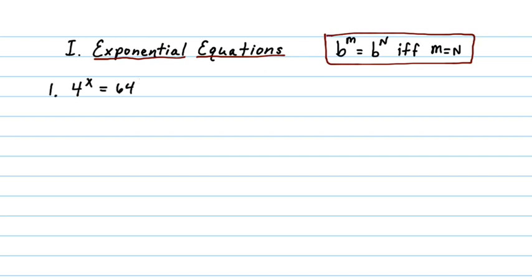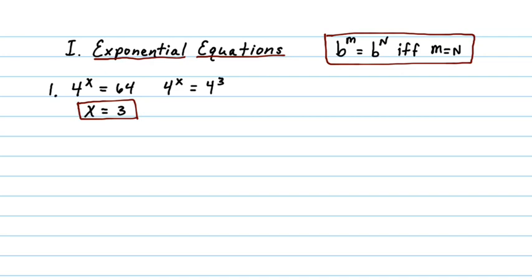So 4 to the x power equals 64. Of course we should know what x is here. This is going to be 3. However, using this idea, we could write 64 with the base of 4. So let's do that. This is 4 to the x equals 4 cubed.